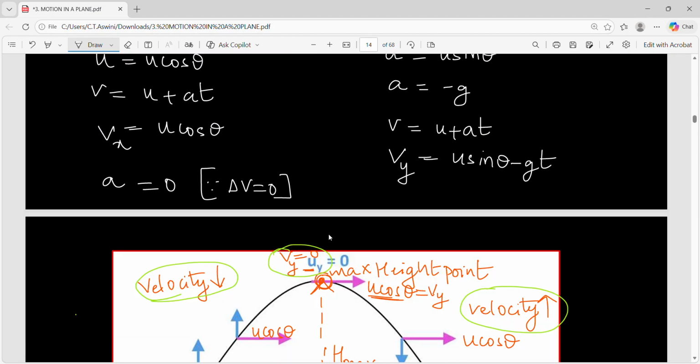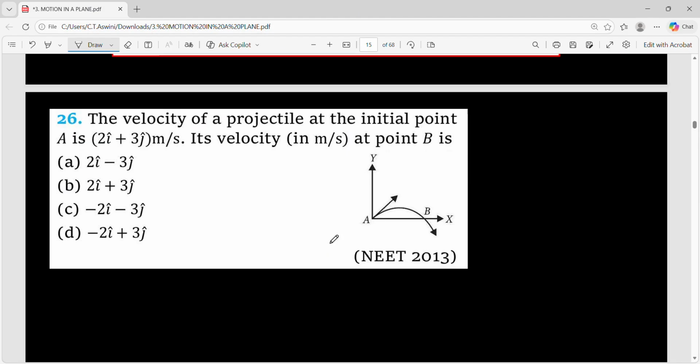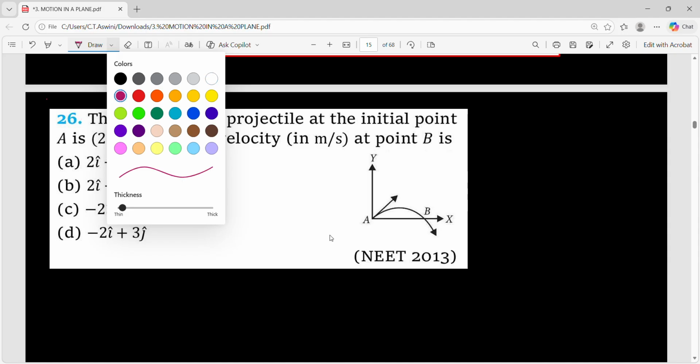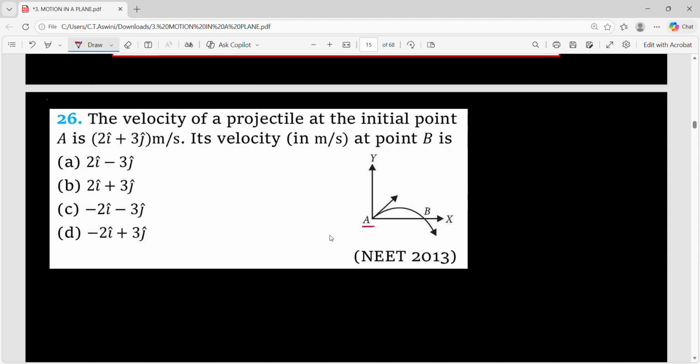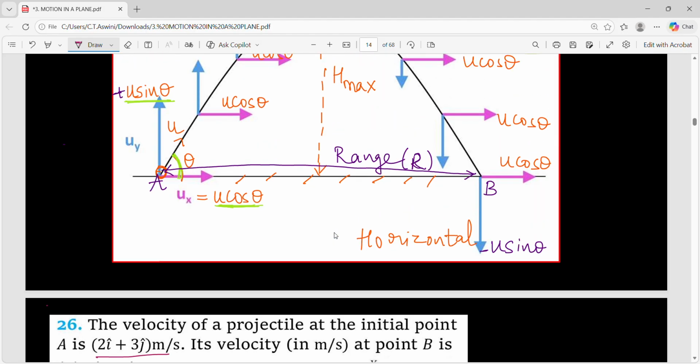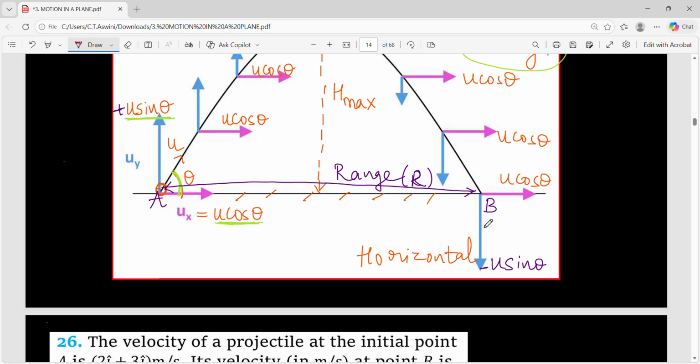Now we'll discuss some previous year questions. The velocity of a projectile at the initial point, see the diagram, is 2i plus 3j. What will be the velocity at point B? See what we have discussed: at A and B velocities are same, but in y velocity there will be a change in direction.